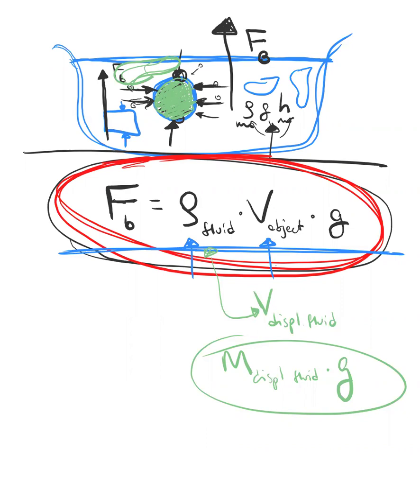Now, there are a few gotcha questions that we sometimes ask students. One question is, let's say I have water, and in this cup, I will put something that's floating.